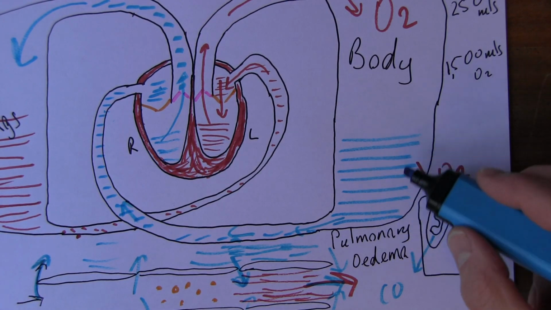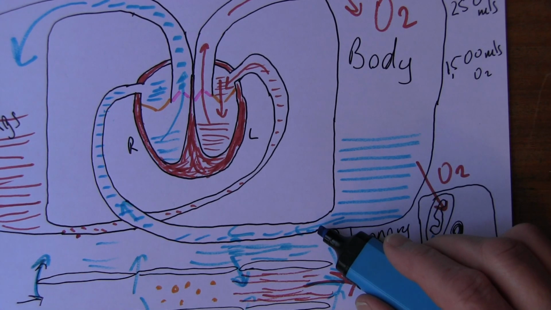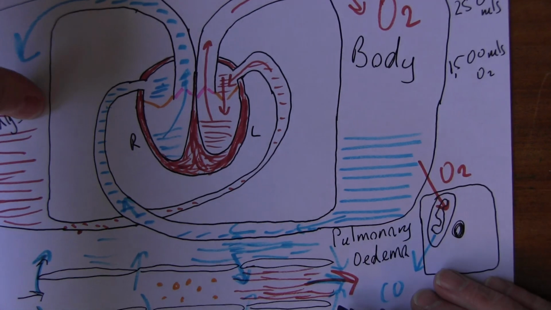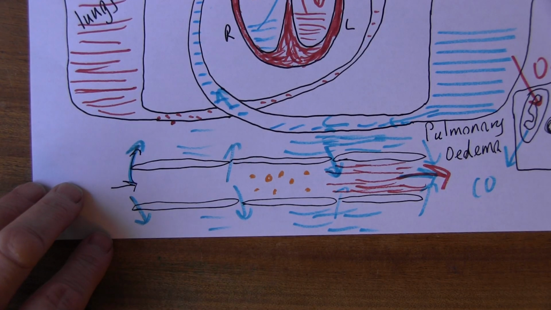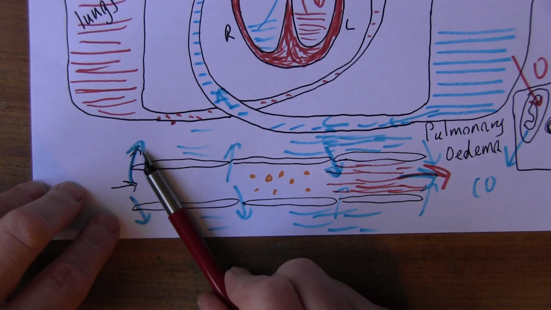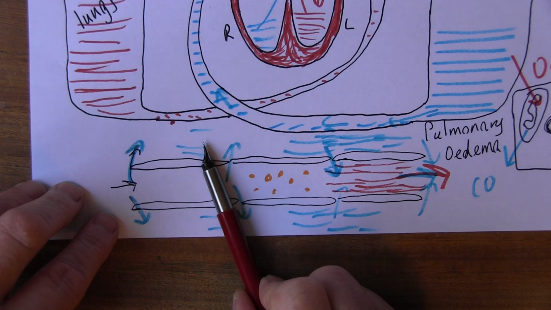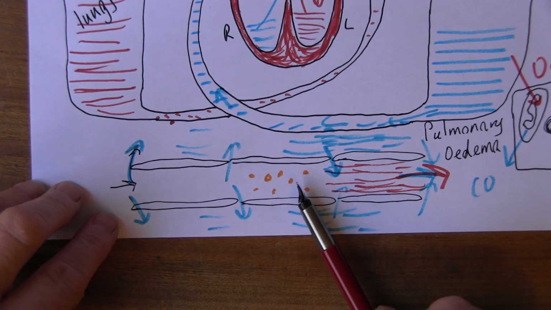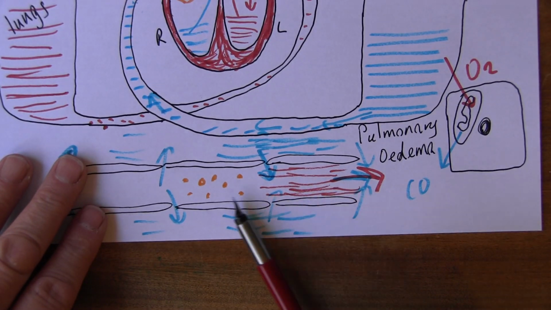Now, if the body is congested with blood and there's increased pressure in the systemic veins, then imagine now that this diagram represents a systemic vein. So normally in the systemic veins, the tissue fluid is formed at the arterial end of the capillary because the blood pressure is greater than the osmotic pressure. Normally it's reabsorbed at the venous end because the osmotic pressure is now greater than the blood pressure.